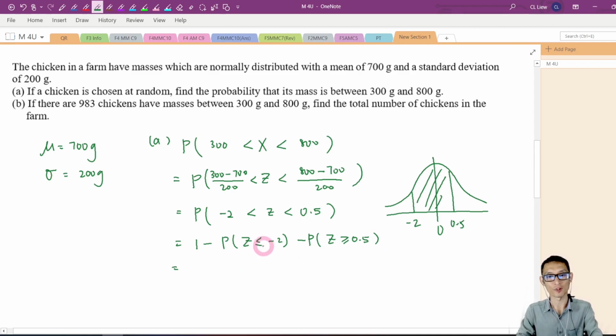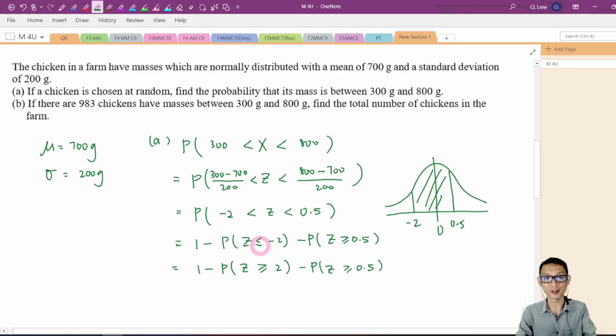Okay, I hope that you know now how we find the value here. Negative 2, you cannot get a negative value from the table, right? So this is actually equal to this one. This one, no problem, we can get the answer from the table.